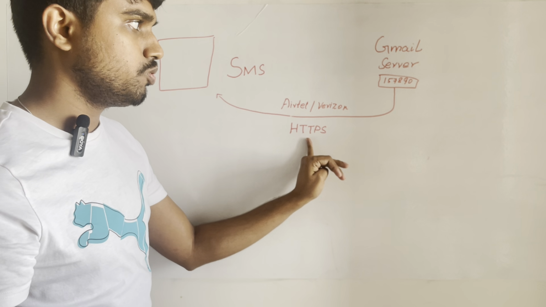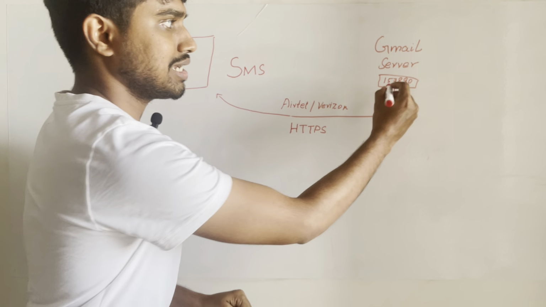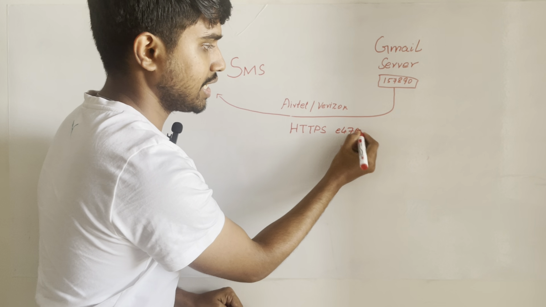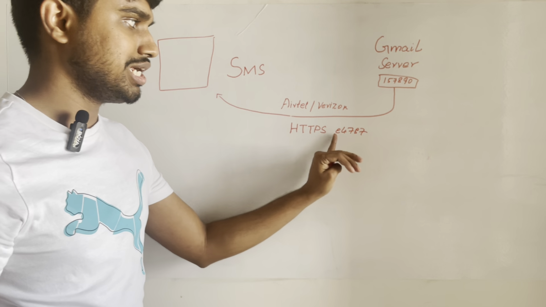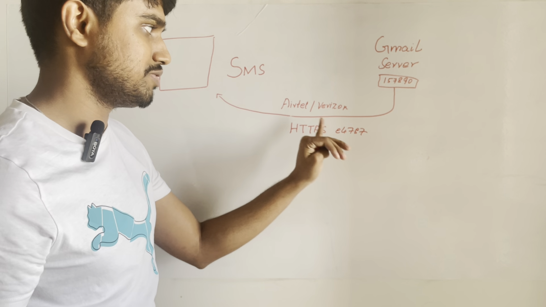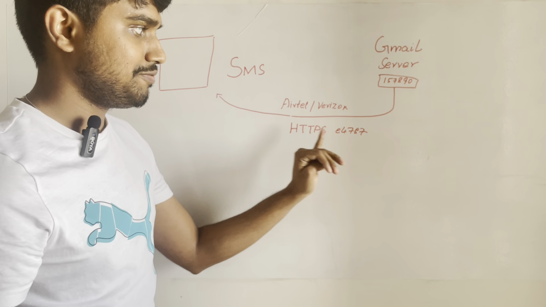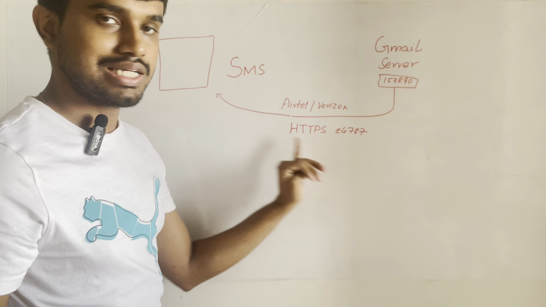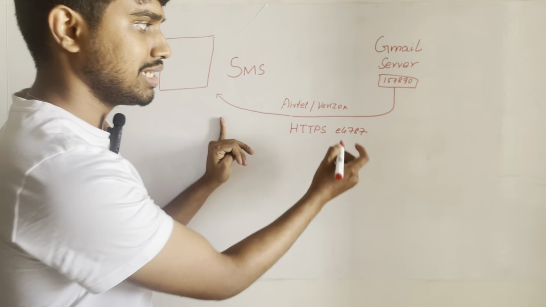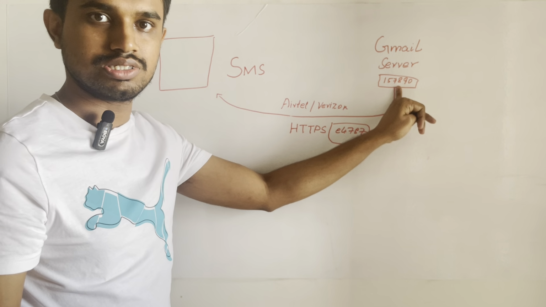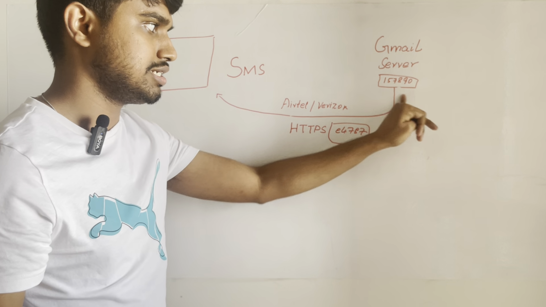When you're doing HTTPS, this gets completely scrambled. It looks like E47987. So even if a hacker, of course with some help from the Airtel or Verizon employees, tries to tap into a message flowing via SMS, they will see something unrelated.